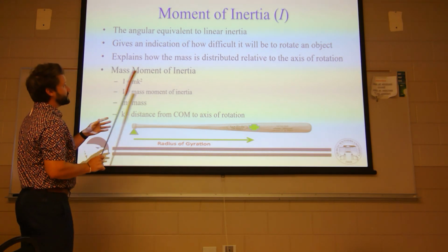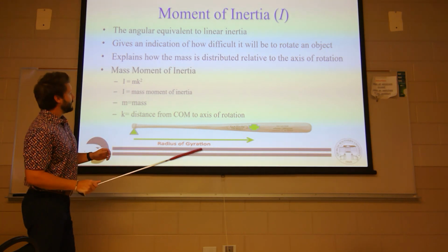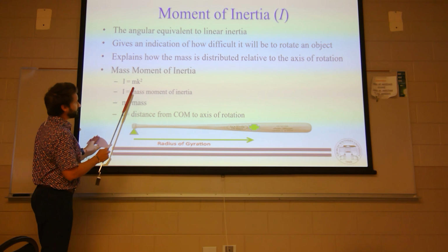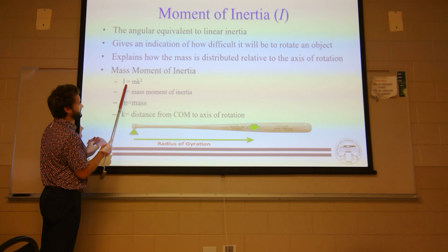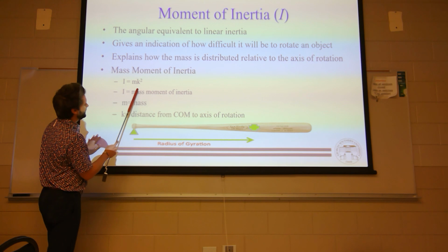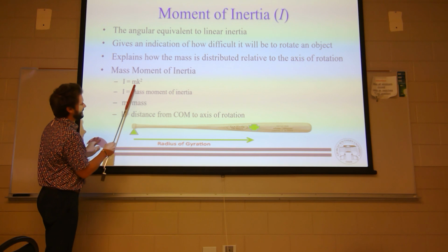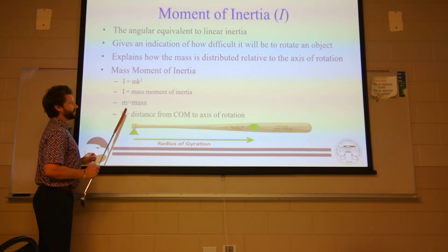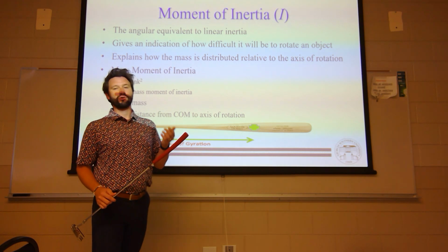And it is represented by the letter I, so capital I represents moment of inertia, and the equation for it is I, moment of inertia, is equal to mk squared. And so what that is, the mass of the object that we've talked about already, and then a new variable, k, known as the radius of gyration.